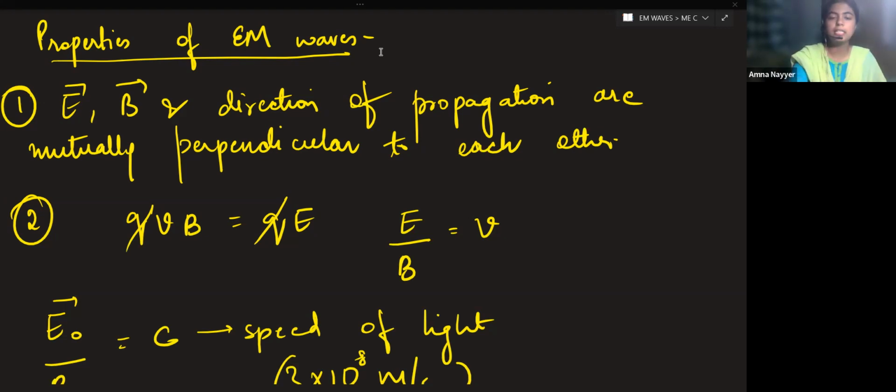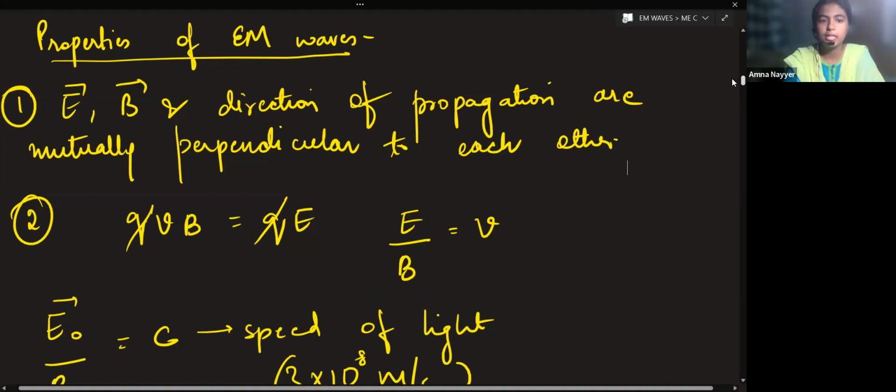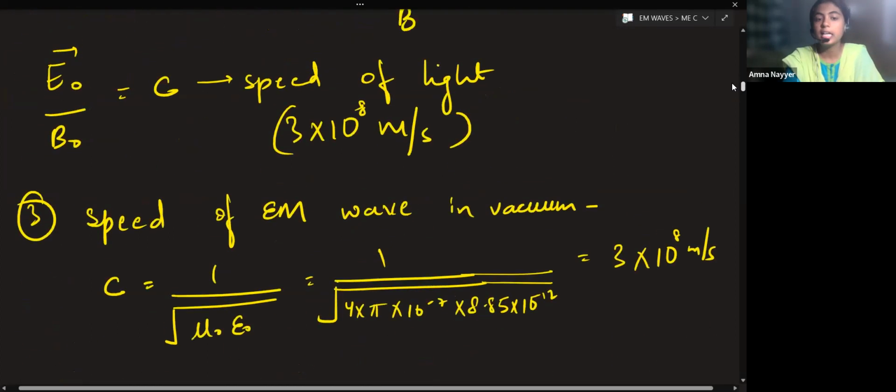Now the properties. The first property was that the electric field, magnetic field, and direction of propagation are mutually perpendicular to each other. Now, the electromagnetic wave travels with the speed of light, which is 3 into 10 to the power 8 meters per second. In vacuum, you have the formula c is equal to 1 by root of mu naught epsilon naught.